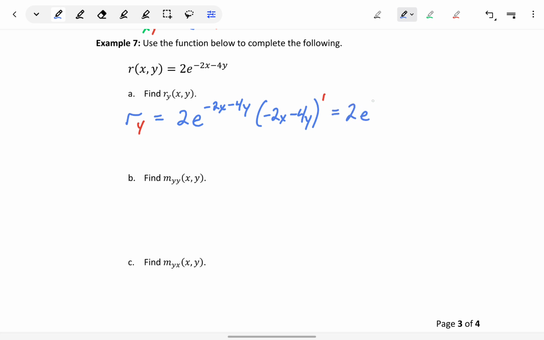So the first part of this remains unchanged. And then differentiating that interior function with respect to y would give us 0, since there's no y factor in that first term, minus 4 times 1, or just negative 4. Then we can take negative 4 times 2 to give us negative 8 e to the negative 2x minus 4y as our final result for that first derivative.